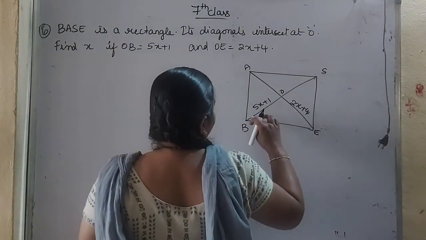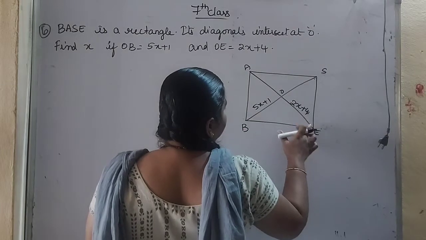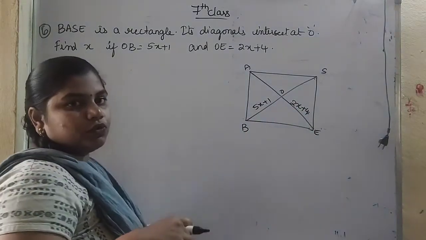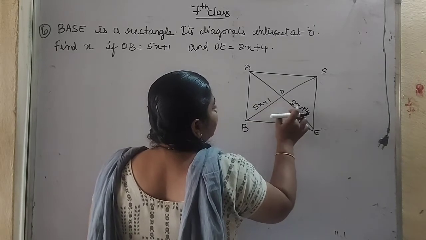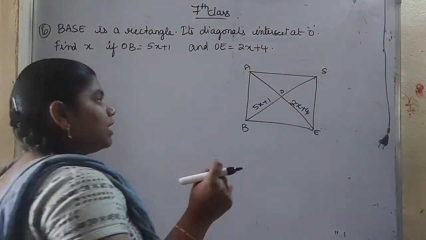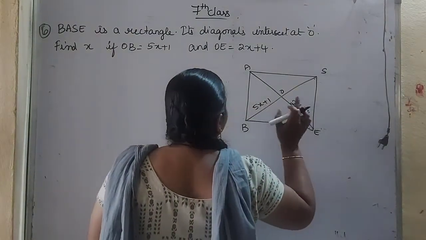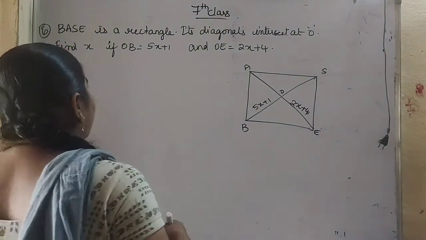That means the total length from here to here they have given as 5x plus 1, and from here to here they have given as 2x plus 4. The diagonals will always be equal, so if two diagonals are equal, these two values will also be equal. So we have to equate that and find the value of x.